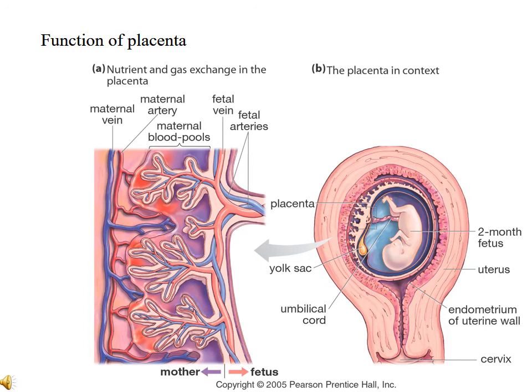The placenta provides oxygen, it provides nutrients, and it takes out waste from the fetus. But the mother's blood and the blood of the fetus is never truly mixed. Only the fluids from one and the other do mix, but the blood itself never mixes.